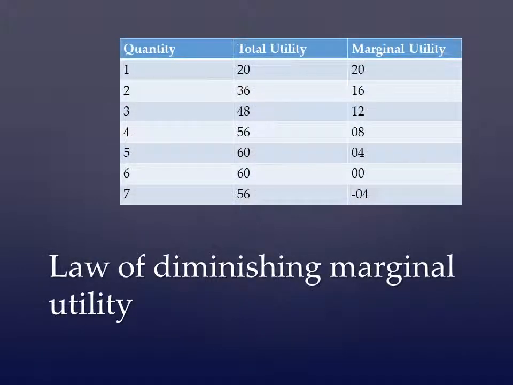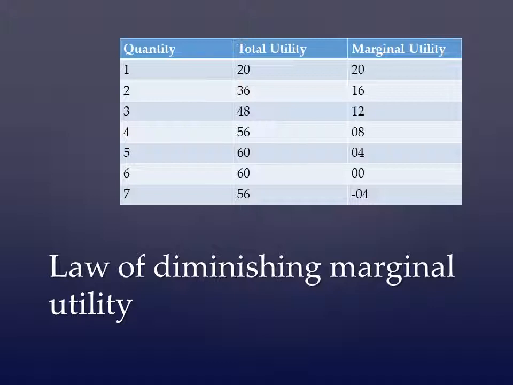We explain the law of diminishing marginal utility with the help of this table. Keep all the assumptions in mind, that there should be a continuous use of the commodity. Suppose we take an apple. A consumer is consuming the first apple. His total utility is 20, while his marginal utility is also 20. As he consumes the next apple, his total utility increases up to 36, while his marginal utility decreases to 16.